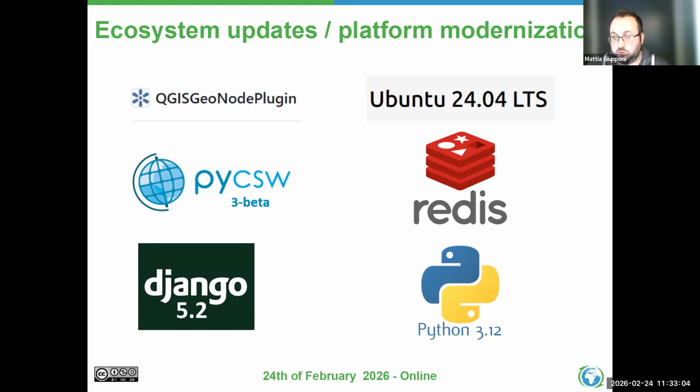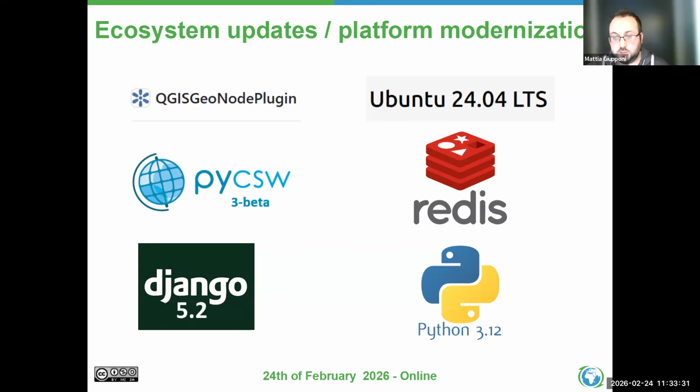As I mentioned earlier, PyCSW 3 beta and Redis are finally inside GeoNode for the OGC API and for infrastructure modernization and stability. Django has been updated to version 5.2, which is the latest LTS that Django provides, since GeoNode works under the Django ecosystem.